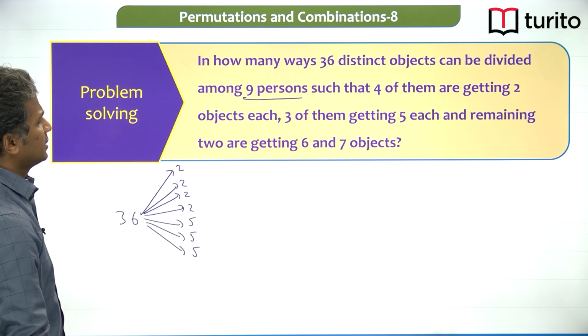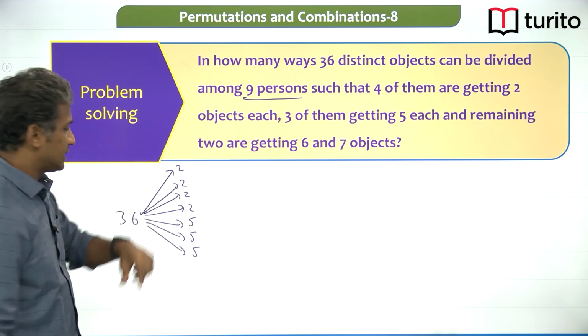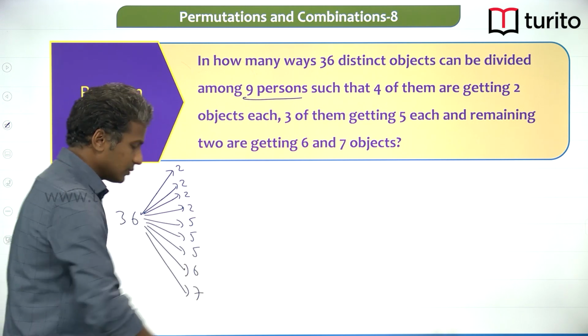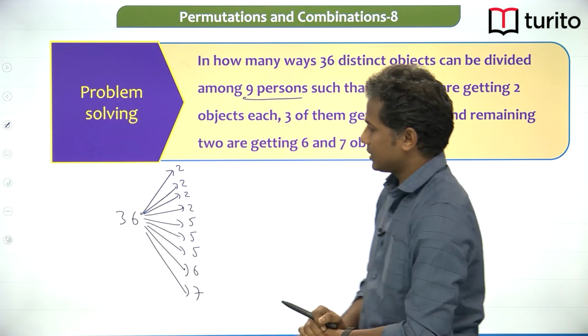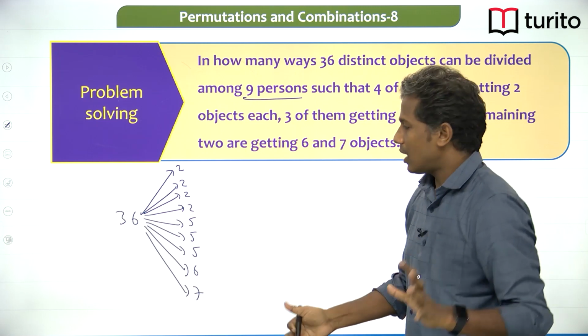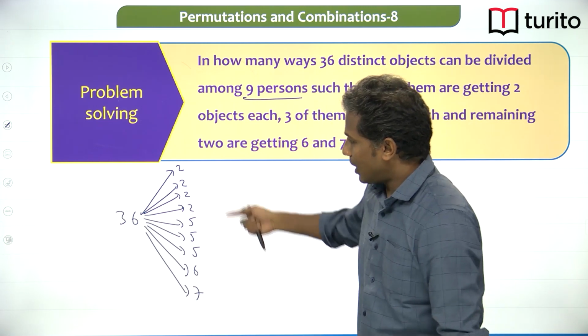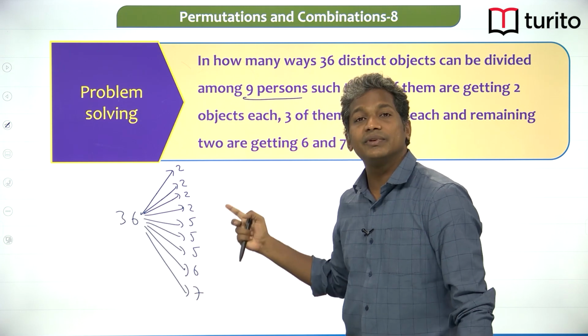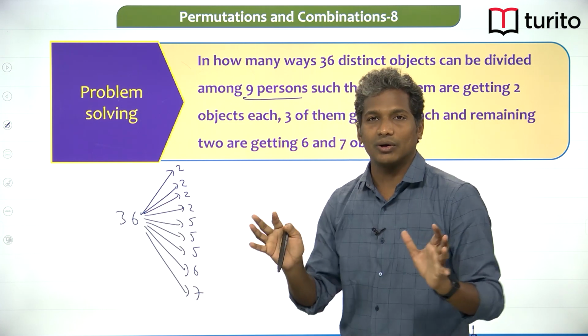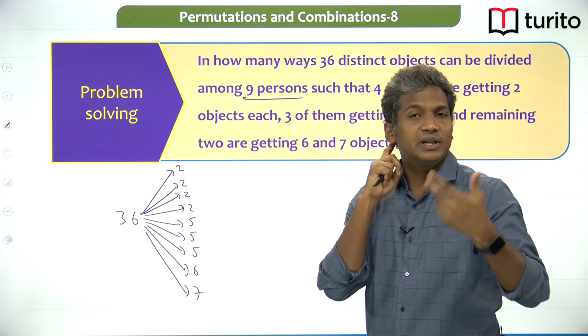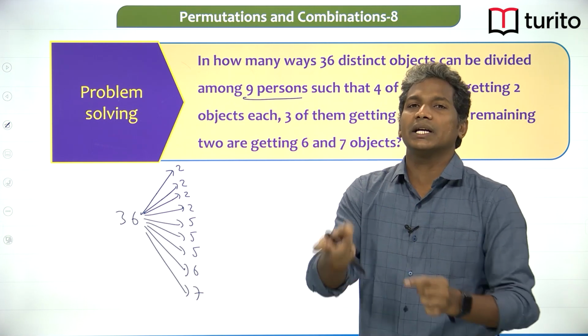And what else? Remaining are getting 6 and 7. Okay, so these are all the groups. This way I represent it so that I don't commit any mistake while grouping. Now add all of them and see if it is matching up to 36 or not. If it matches, then we can directly apply the formula. If it doesn't match also, we can put that extra factorial.